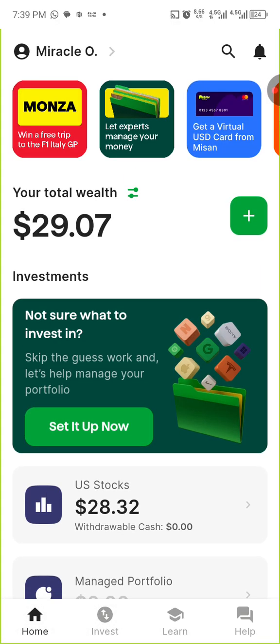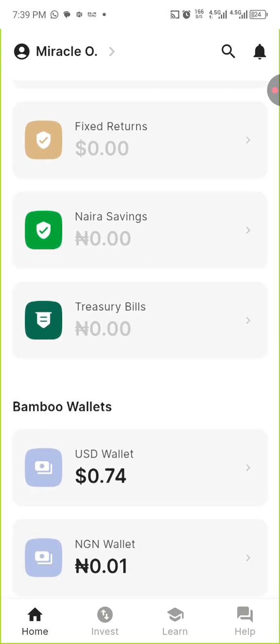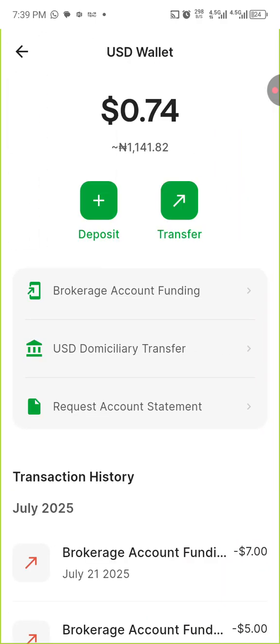Now if you come back to this home page, which is the first interface you see once you log into your Bamboo account, you see the USD wallet and the Nigeria wallet. Now if you want to buy US stocks, that's stocks from US companies, this is the wallet you will click on. And then you can make your deposits here.